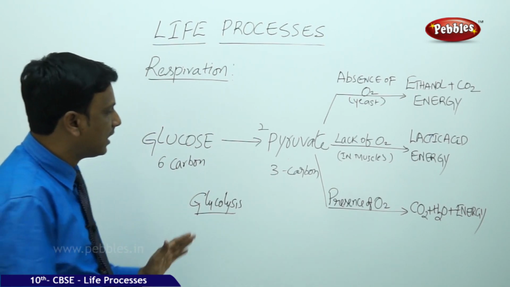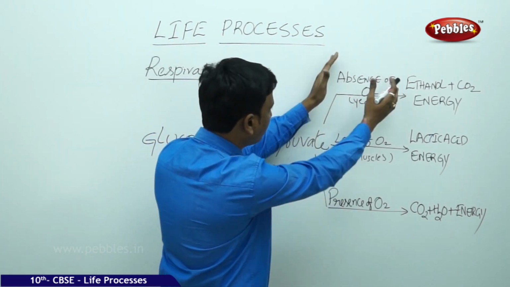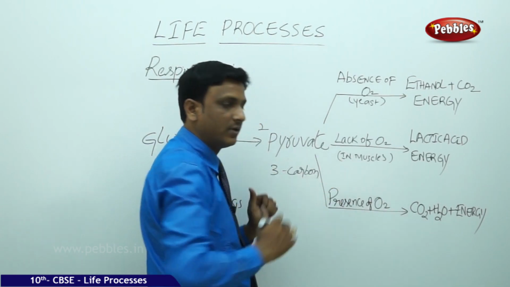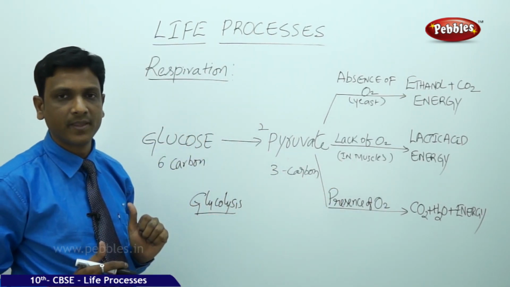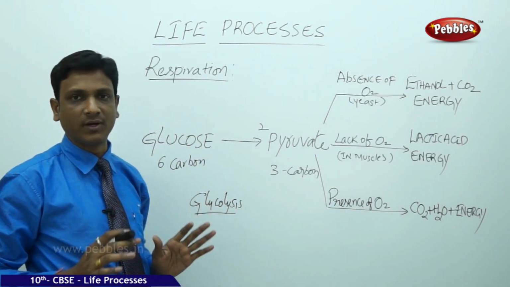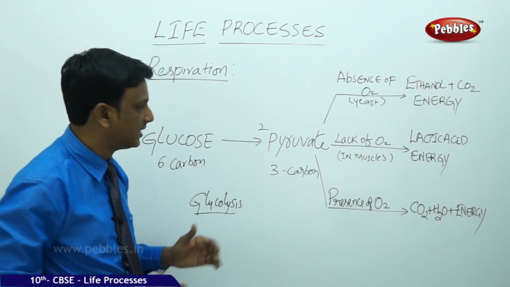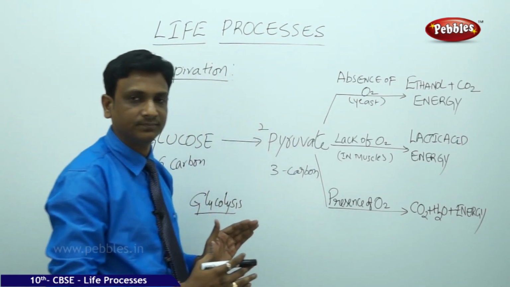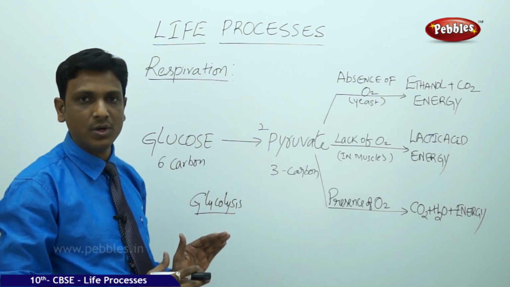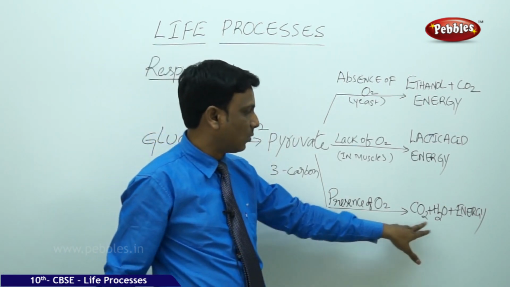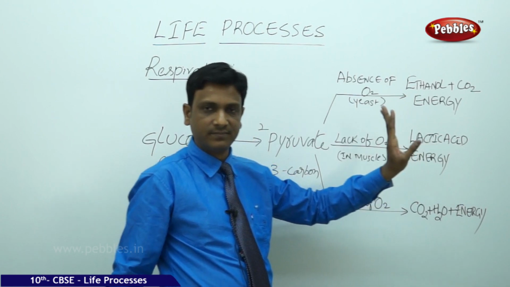Now let us see what happens to this pyruvate in case of aerobic organisms and in case of yeast. In aerobic organisms like human beings, this pyruvic acid is converted to carbon dioxide, water and energy.